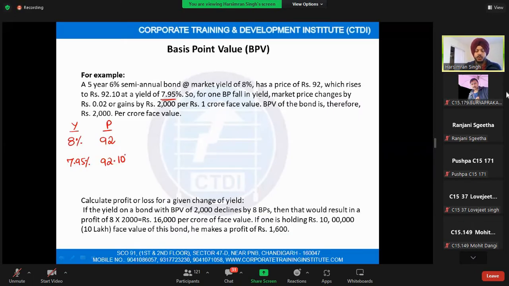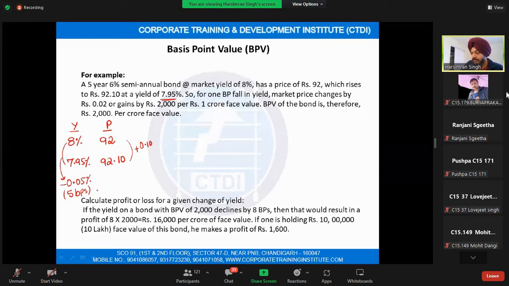If he gives you only this much, he will ask you to calculate the BPV. We can simply say that the change here is negative 0.05%. That means 5 basis points. And the change in price is 10 paisa, 0.10.